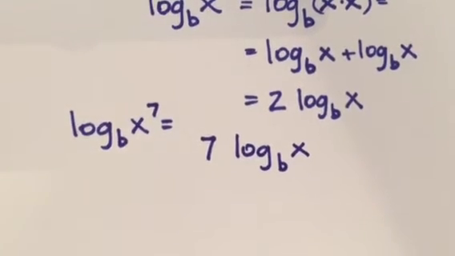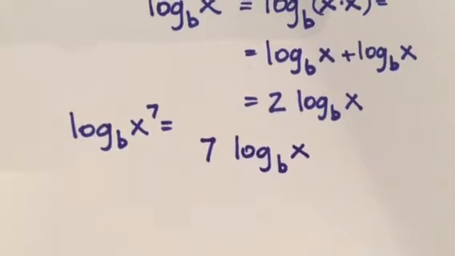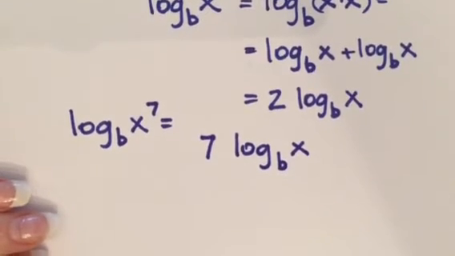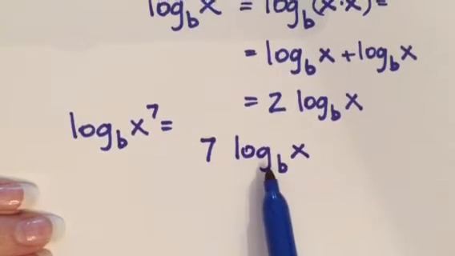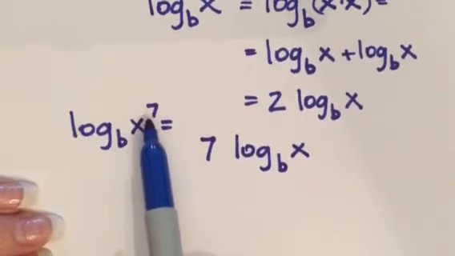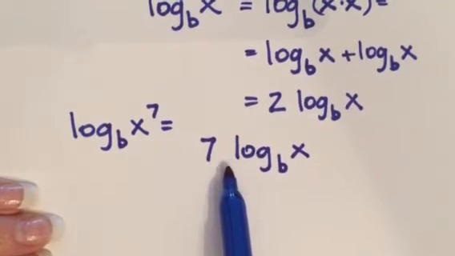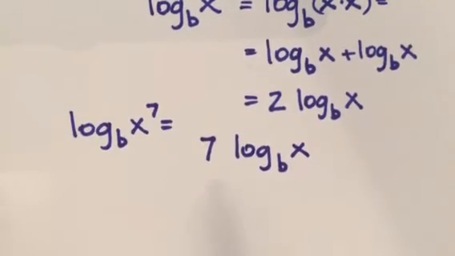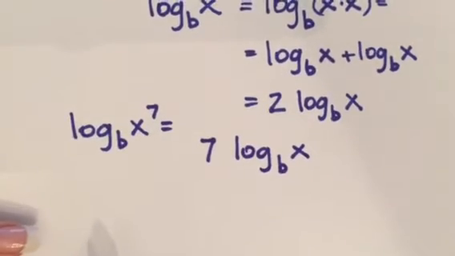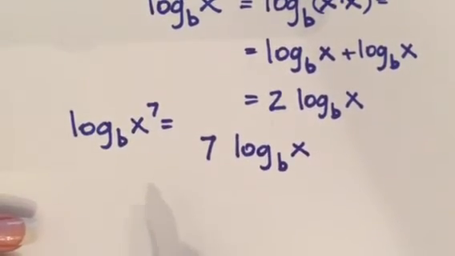And there's really nothing more that you can do with this. It does come in handy later on when we're doing logarithmic equations, when we're going back or forth. Sometimes we would prefer to have it here. Other times we're going to prefer to have it here. It just really depends. So it's nice to know that we can write it in either form and it's fine.